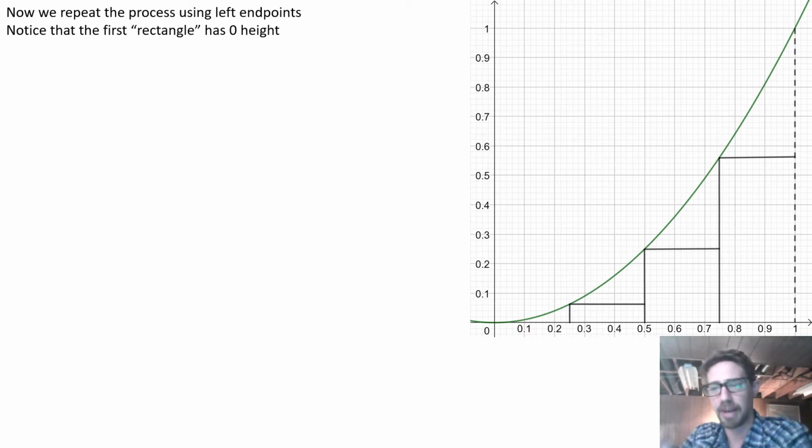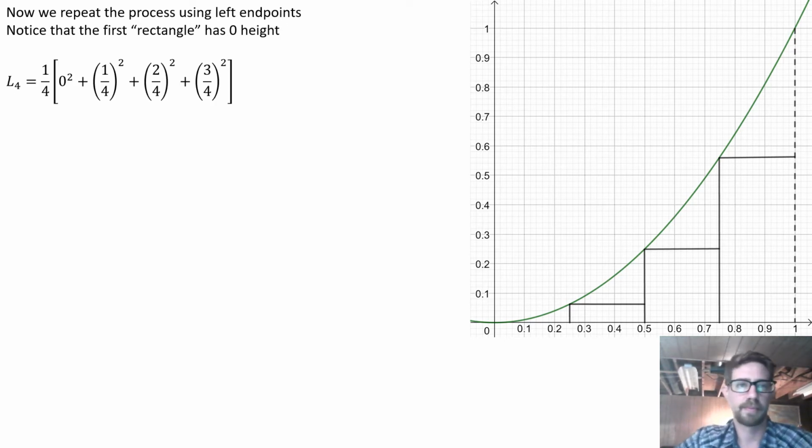So just think about it again. We're going to add the areas of 4 rectangles, and we're going to get an underestimate for this area, right? This is too small. This is much too small, but do it anyways. Same deal. We can bring the width out front because the widths are all still the same, and then it's just the sum of all the heights.